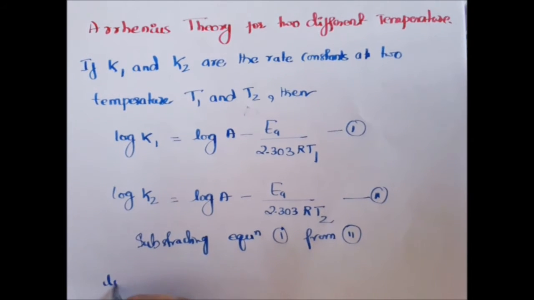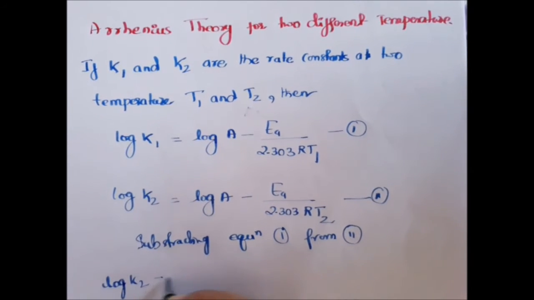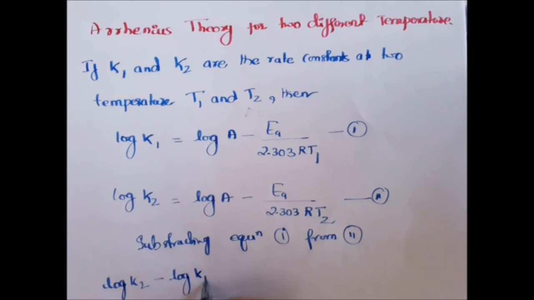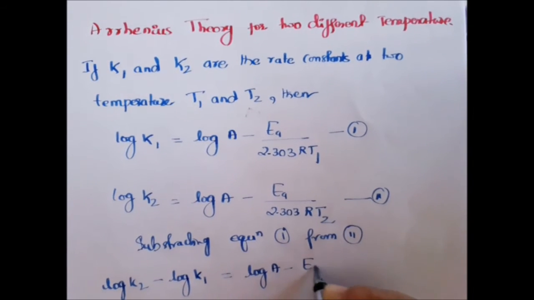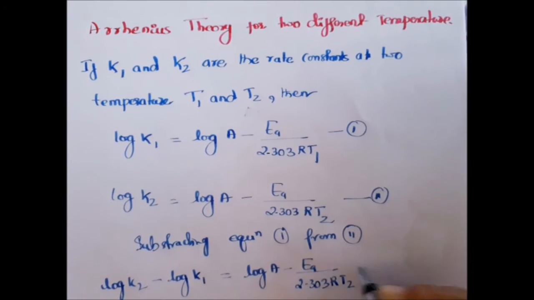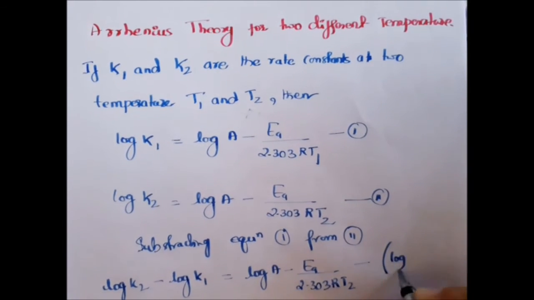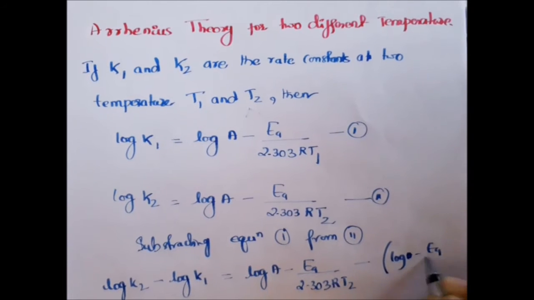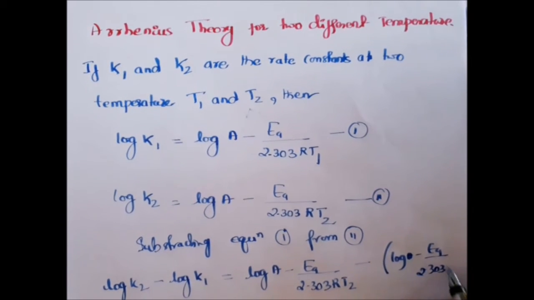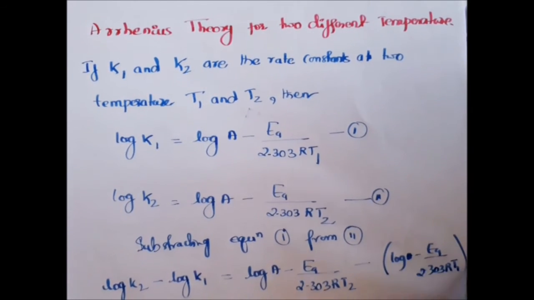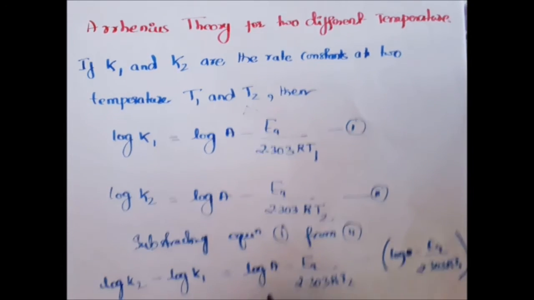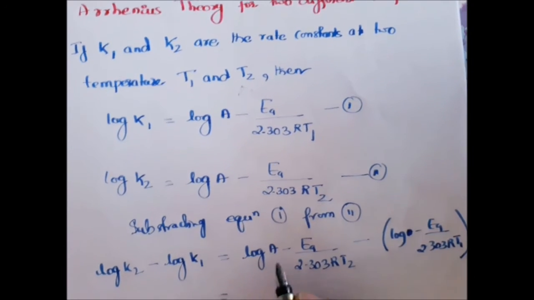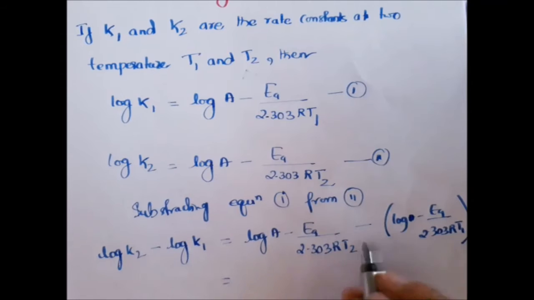On the left side, log K2 minus log K1, and the right side becomes log A minus EA divided by 2.303 RT2, minus log A minus EA divided by 2.303 RT1. So log A minus log A, the two get cancelled when the bracket opens.